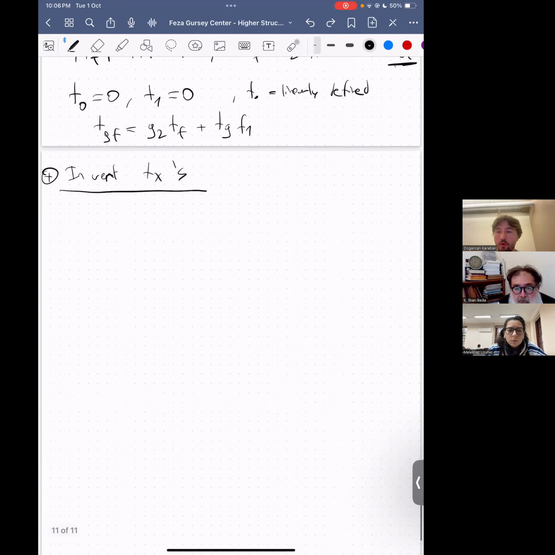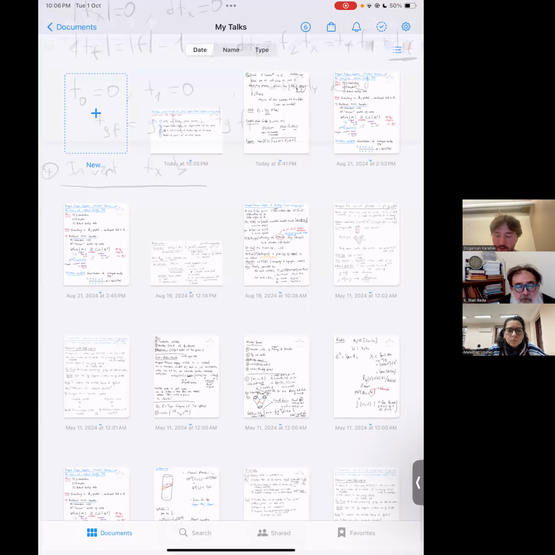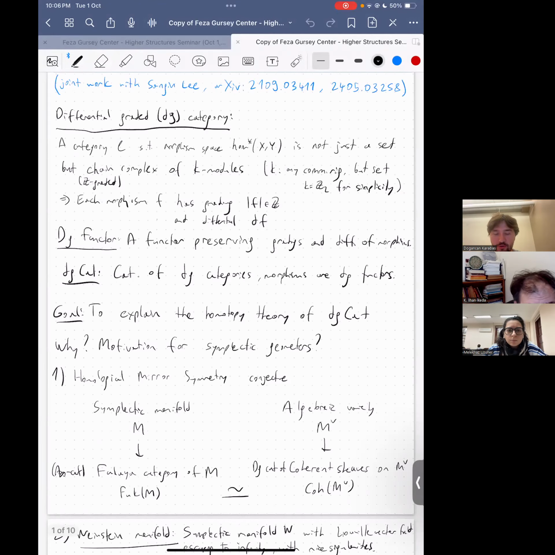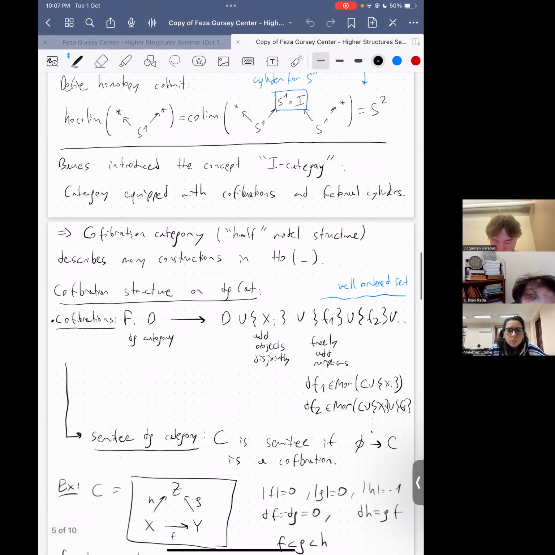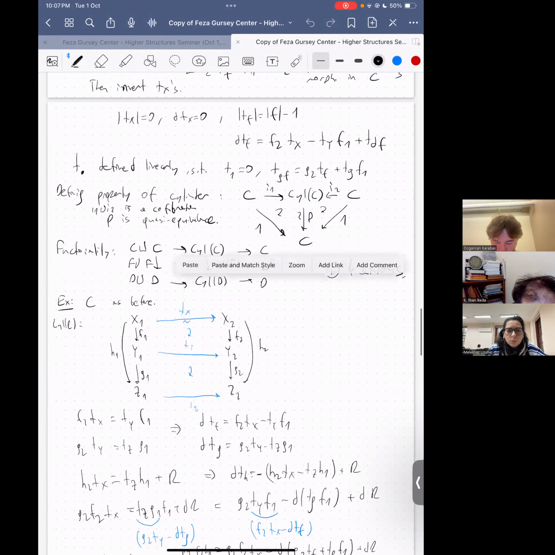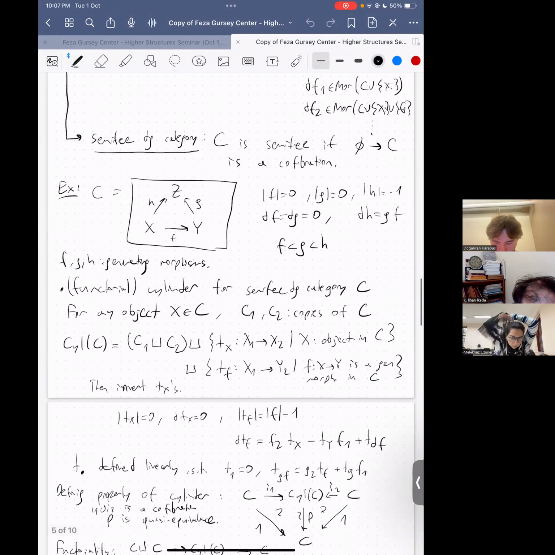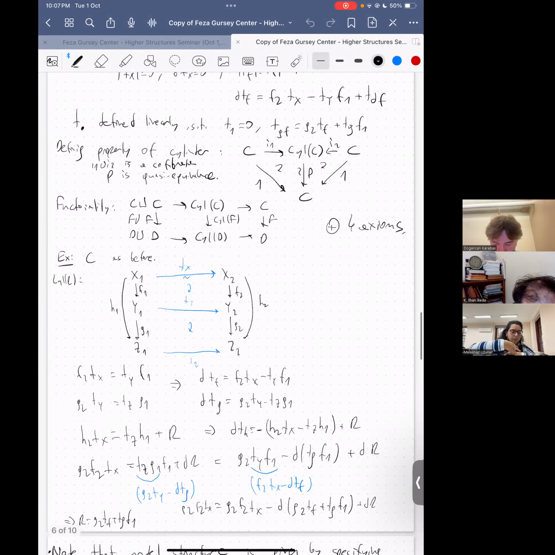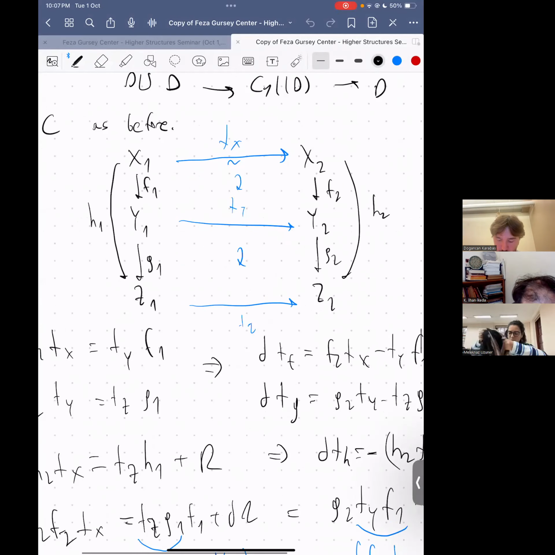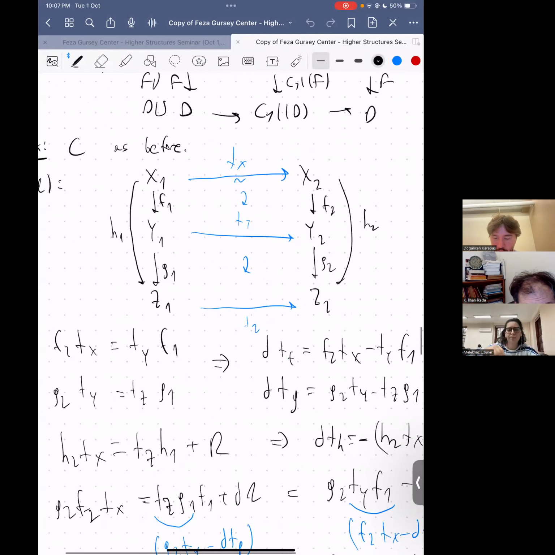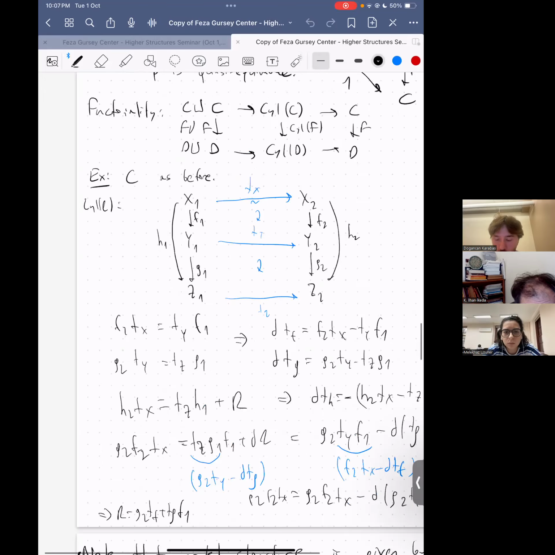Okay, let me show you a quick example, which I already have the picture of. So I'll do a shortcut. Where is it? Okay, so look at this example.